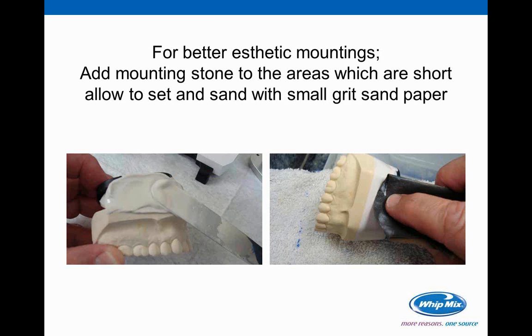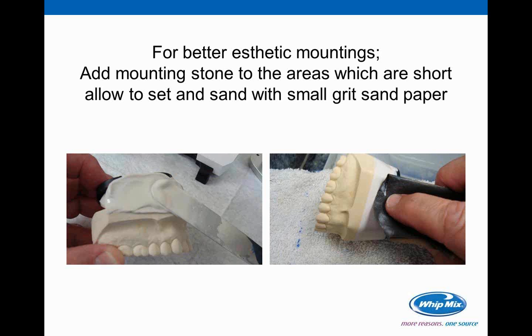Now, for better aesthetic mountings, if you're going to be sending this out of the dental laboratory, you can take the cast now off your articulator. You can add mounting stone to the areas which were short of stone that didn't look quite nice. Let it set up just to that hardness point where you can work with it.